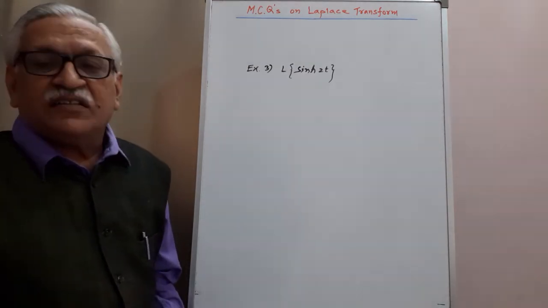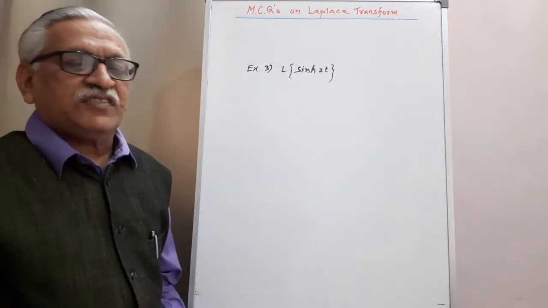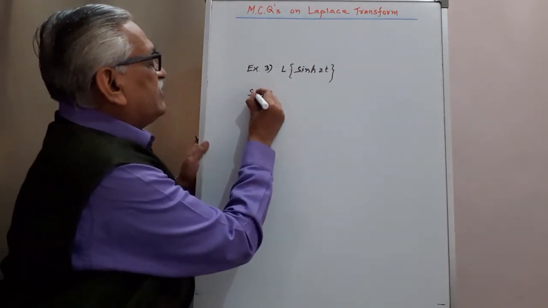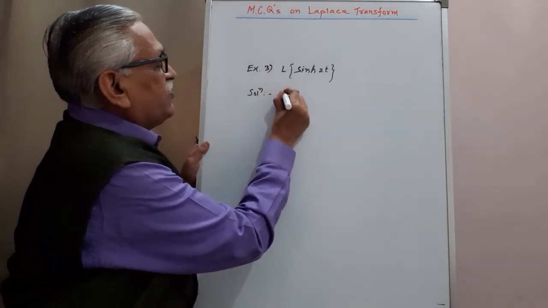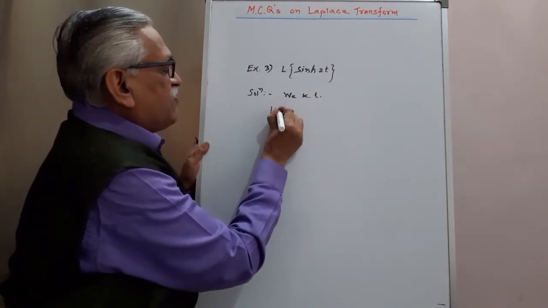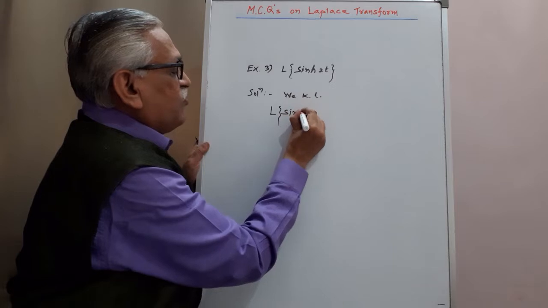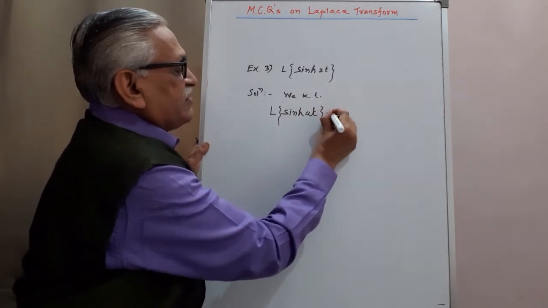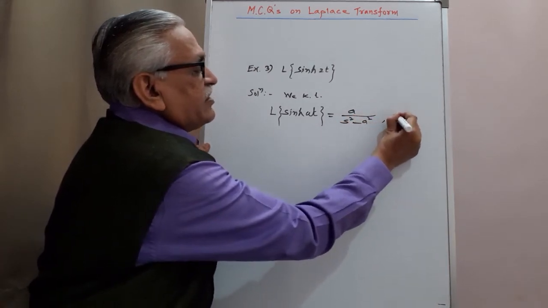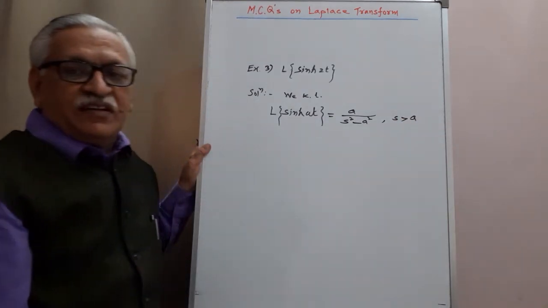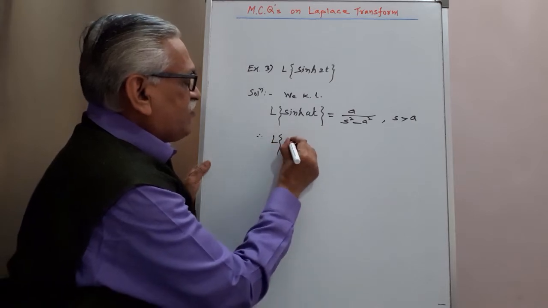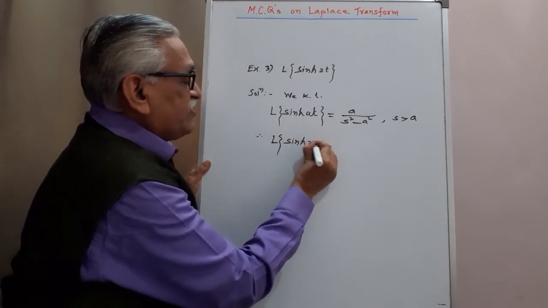Example number 3, find Laplace transform of sine hyperbolic of 2t, and to find the correct option we know that Laplace transform of sine hyperbolic at is a upon s square minus a square, provided s greater than a. This is a standard result from Laplace transform, and therefore applying this result we get Laplace transform of sine h 2t.